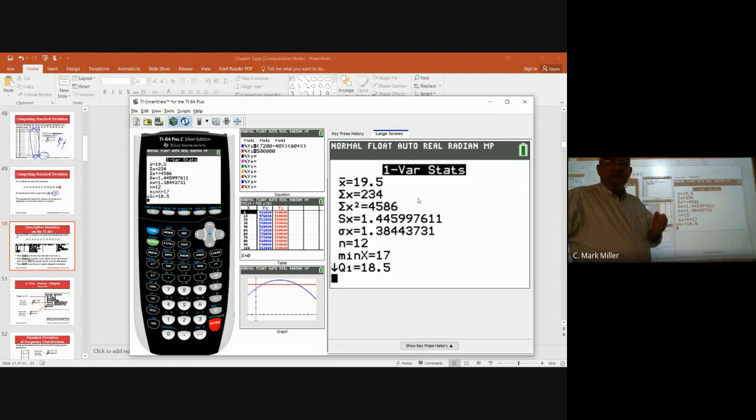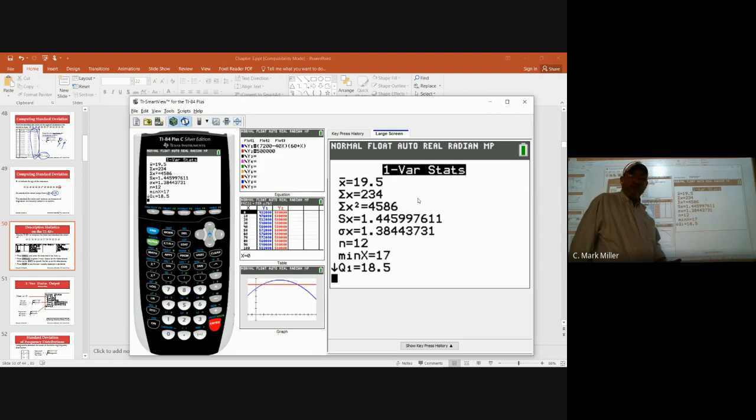Dividing by n minus 1, which is smaller, you will get a slightly bigger number, 1.45. Slightly bigger than 1.38, right? And this is actually the same screen we got before, all right? The same screen we got before.